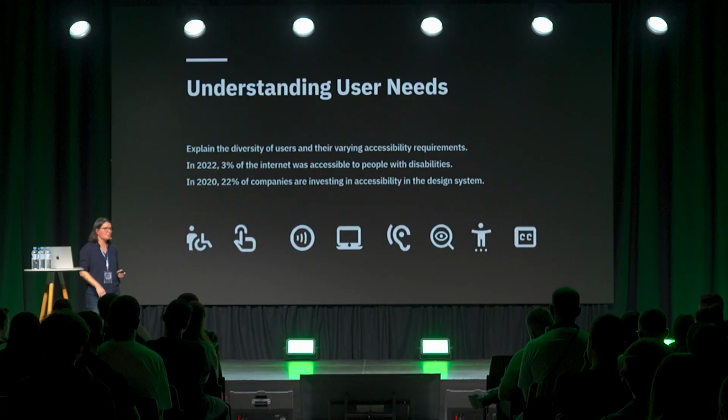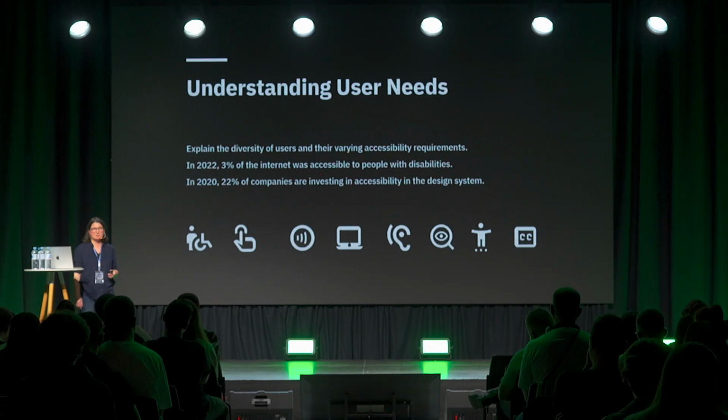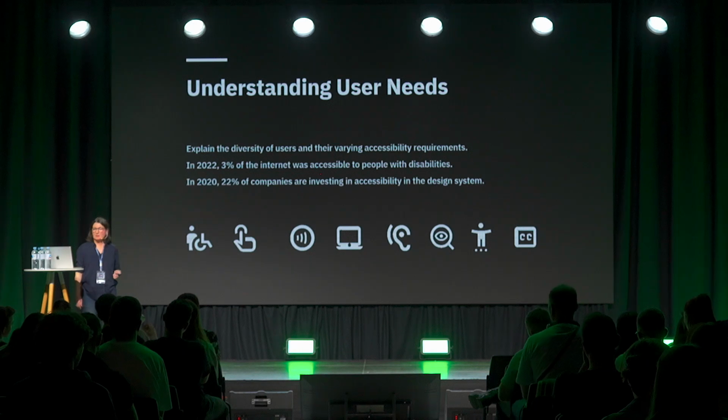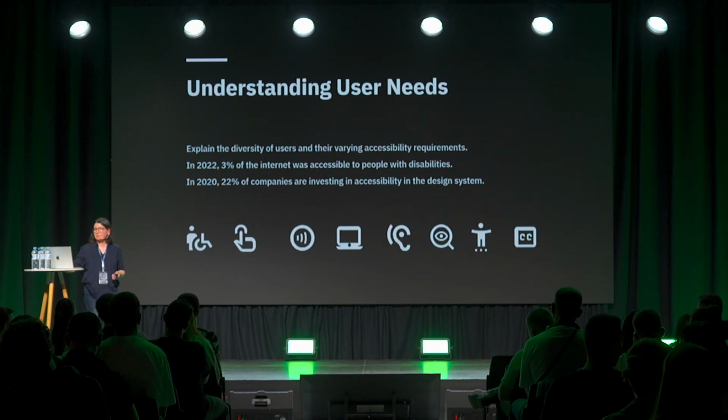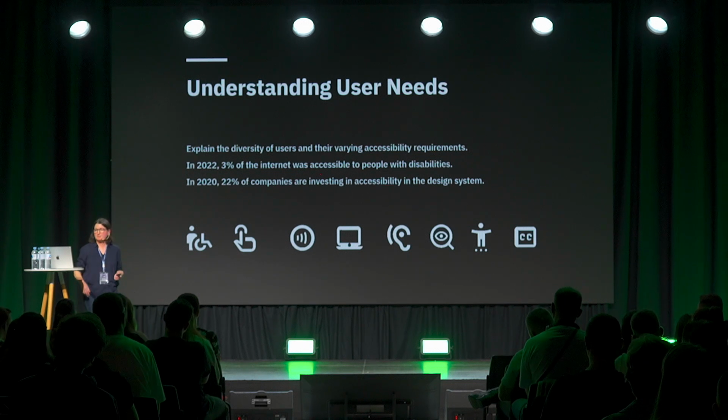In 2022, it was reported that 3% of the internet is accessible for people with disabilities. This means that 97% of the internet is in need of accessibility product upgrades and features. In 2020, 22% of companies were investing in a more accessible design system.